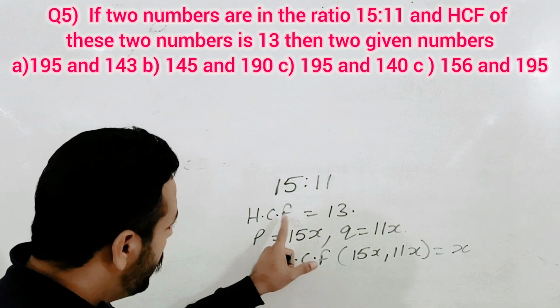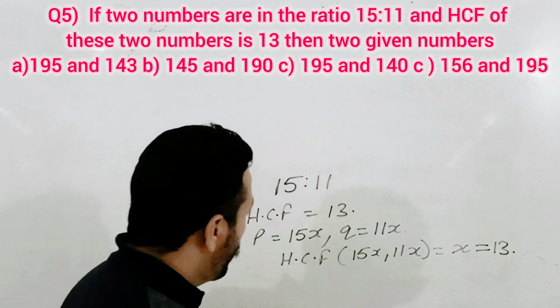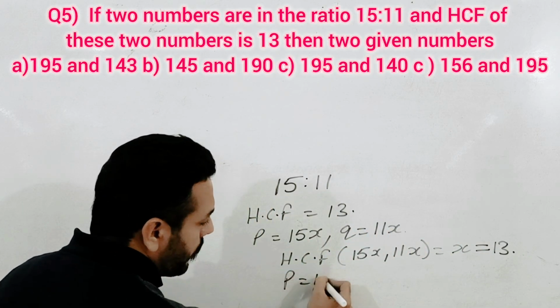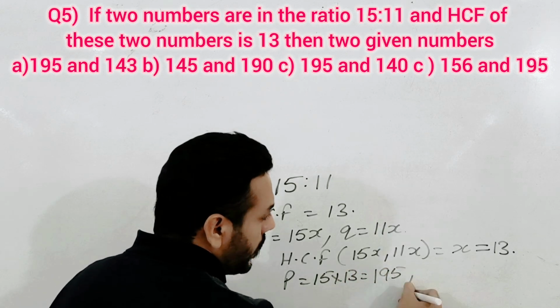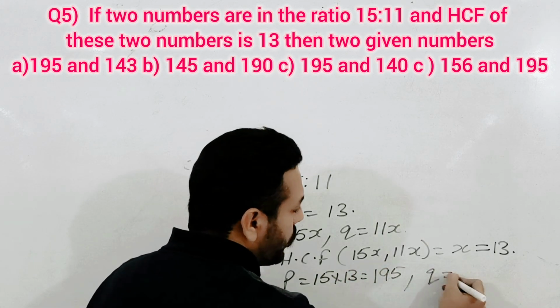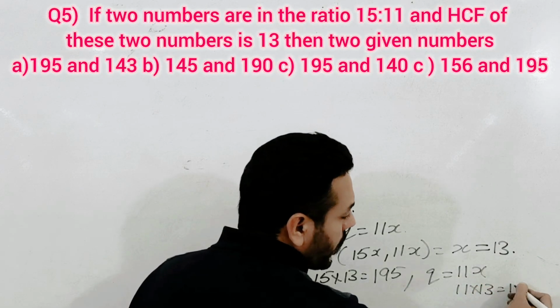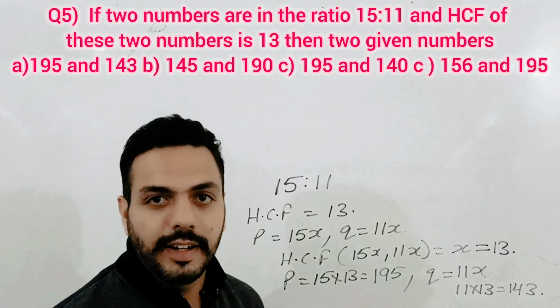The HCF is 13, so x is 13. Put this x in the numbers: 15 into 13 gives 195, and the second number Q is 11x, that is 11 into 13, which gives 143. So our option is A.